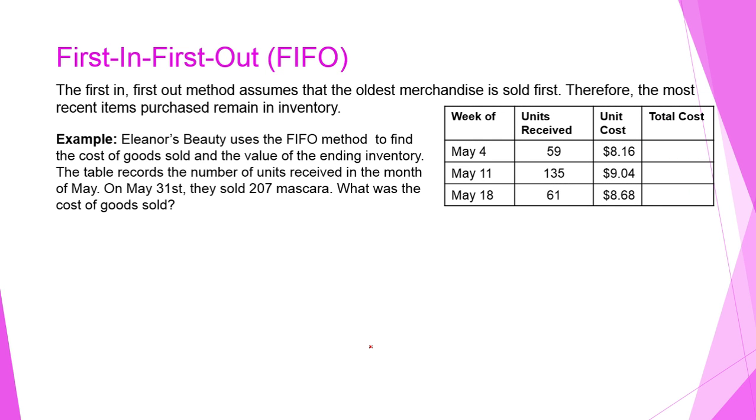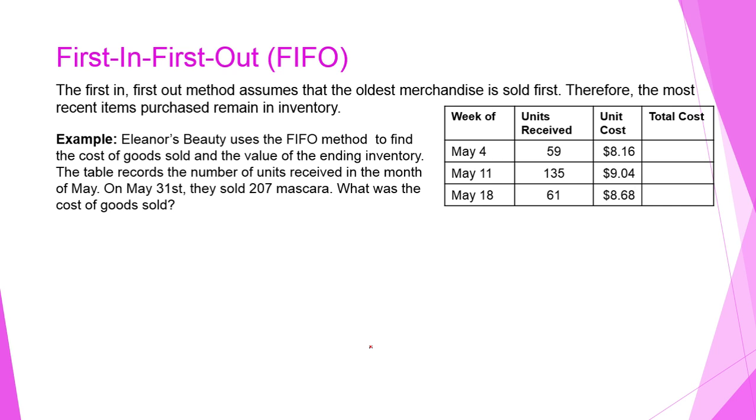So here's an example. Eleanor's Beauty uses the FIFO method to find the cost of goods sold and the value of ending inventory. The table records the number of units received in the month of May. On May 31st, the store sold 207 mascaras. We want to know the cost of goods sold.